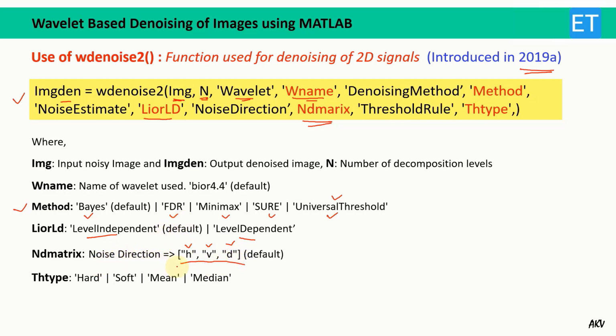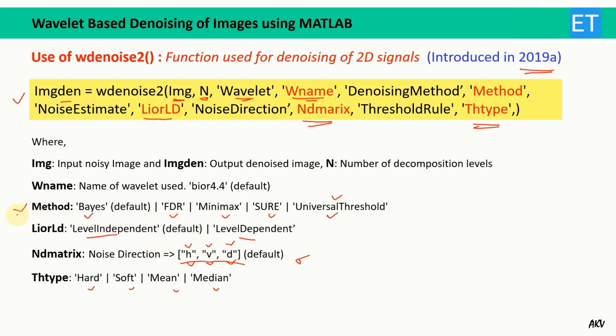Here you need to define how to find the noise variance sigma on the basis of which detail coefficients. I mean, can we use all 3, or you can use any one or any 2 out of these 3. Okay. And then the threshold rule, the threshold type. So you have the hard, soft, mean, and median threshold.